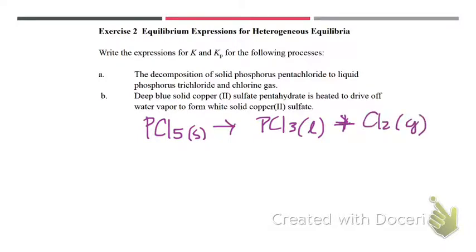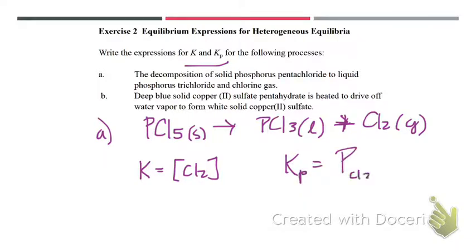So we want you to write K and Kp. For A, K would be the concentration of chlorine only, and Kp would be the partial pressure of chlorine gas. You can put parentheses or not, but you don't put brackets.